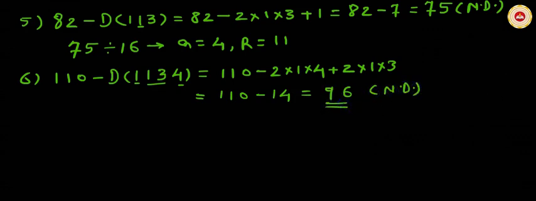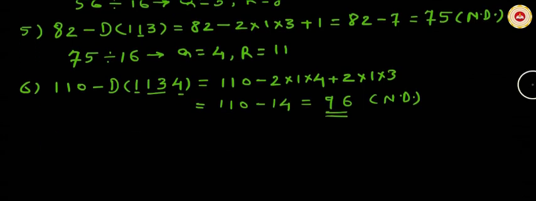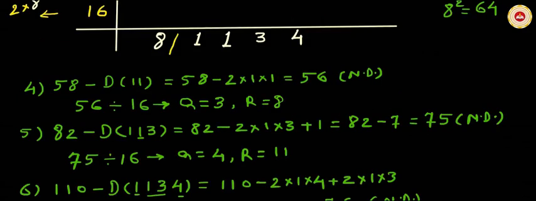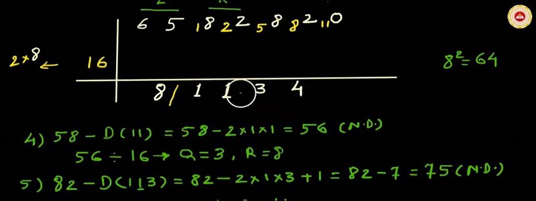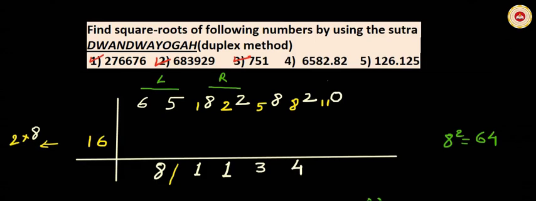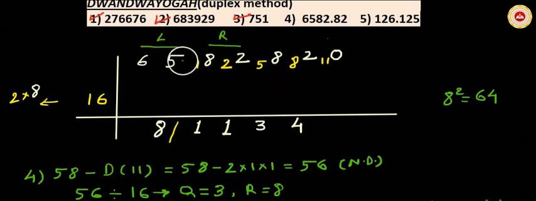If you want more decimal places in the answer, continue with this 96, the net dividend, as we have written the answer up to 3 decimal places, right? How did I guess this? See, there are two groups.